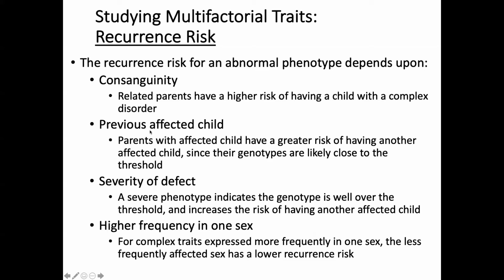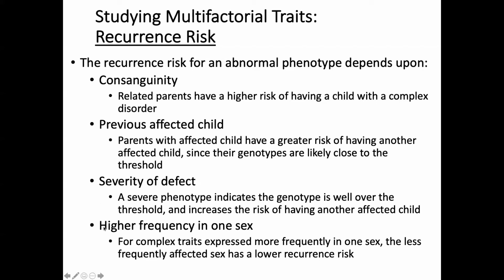If the parents had an affected child before, then the risk for them to have another affected child is greatly increased. In addition, if the affected child has a severe phenotype, shown here as the severity of defect, indicating the genotype is well over the threshold of genetic liability, then the risk is even higher for having another affected child.